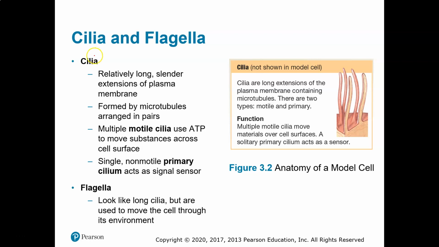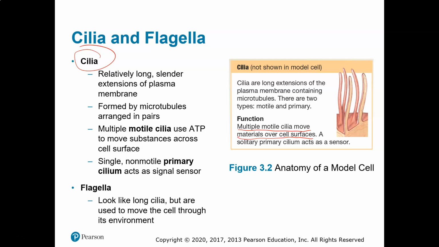Cilia are long hairs, and there's many of them covering the surface of a cell. All cells do not have cilia, but the ones that do use the cilia to move materials over the cell surface. For example, the cells that line our respiratory tract are lined with cilia to help move mucus and other harmful substances that get trapped in the mucus out of our respiratory tract, so that we don't get lung infections.